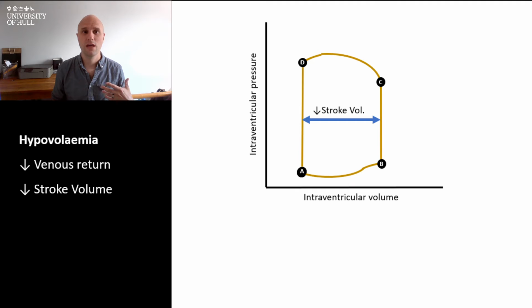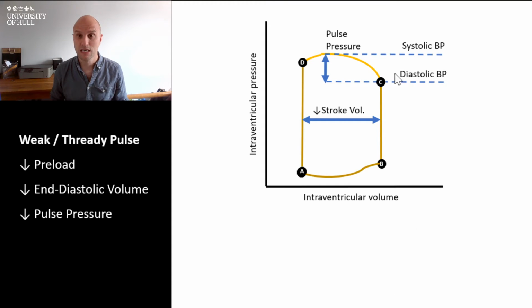When we have less venous return because we've lost fluid or not managed to take enough in, we have a reduction in that stroke volume. You can see with our pressure volume loop here that we've not got the same preload, and there's a reduction in the pulse pressure because of that, and we would experience that as a weak and thready pulse.